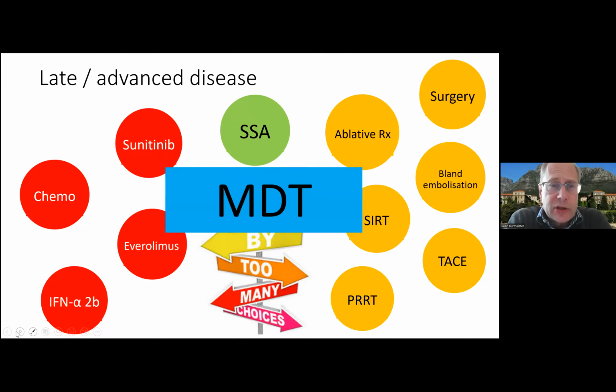You need radiologists, you need surgeons, obviously, and indispensable are the nuclear physicians. With so many therapies and options available, it really can be difficult to decide sometimes which is the best therapy for a patient. It really is important to have these patients managed in MDTs.